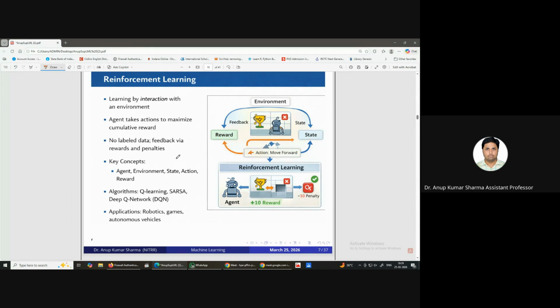The model starts, the data comes in, and it learns and responds by itself. There is no need to provide labeled or unlabeled data. So we have written here: no labeled data in this case, feedback via reward and penalty, and take action to maximize reward. How do we understand this type of thing?